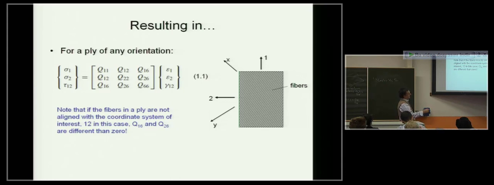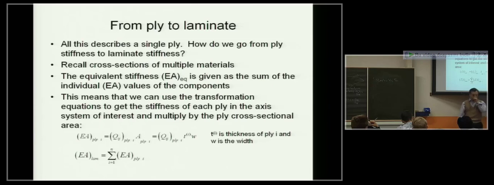Notice, again, in this case now my fibers are at this weird angle following the x-axis, and I'm calculating stresses in the 1, 2 coordinate system. So we defined a single ply, we defined the stresses and strains and the corresponding stiffnesses that relate stress and strain in a single ply, whether the axis system is aligned with the fibers or is not.